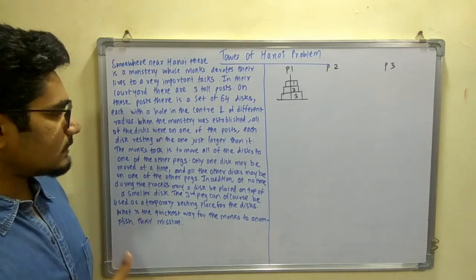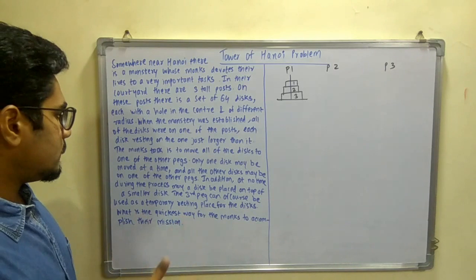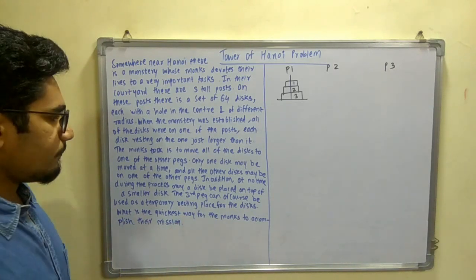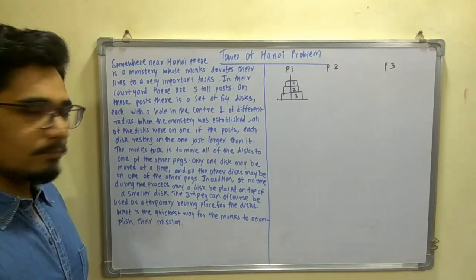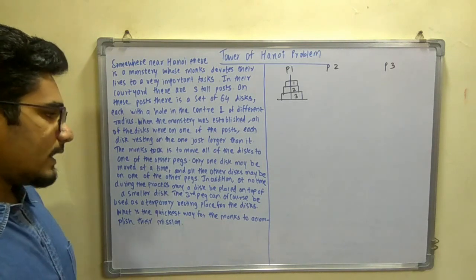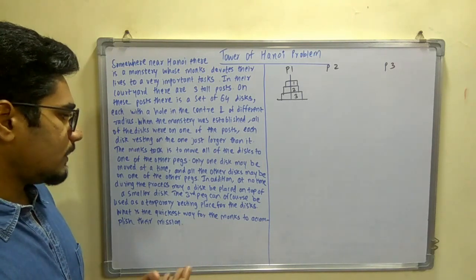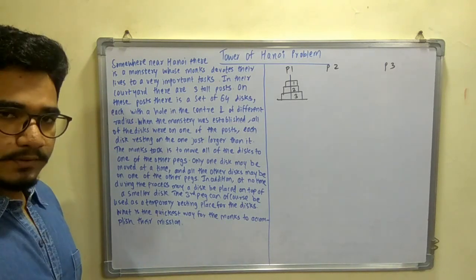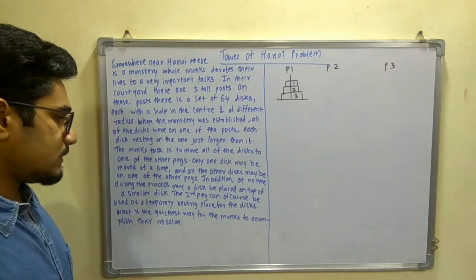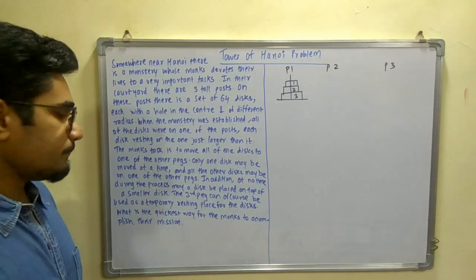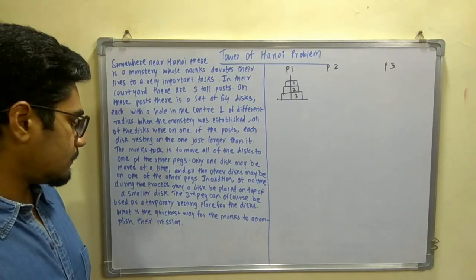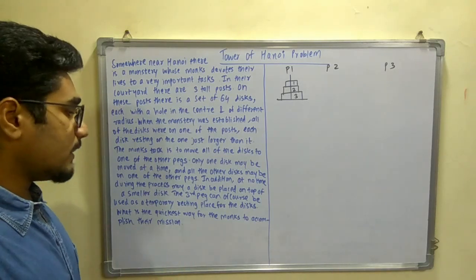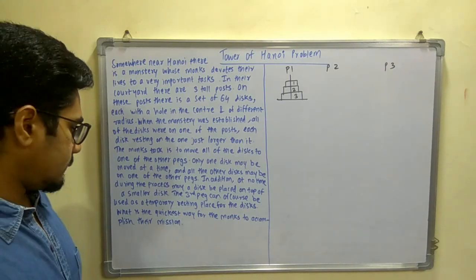The monks' task is to move all of the discs to one of the other pegs. Only one disc may be moved at a time, and all the other discs must be on one of the other pegs. In addition, at no time during the process may a disk be placed on top of a smaller disk. The third peg can, of course, be used as a temporary resting place for the disks.